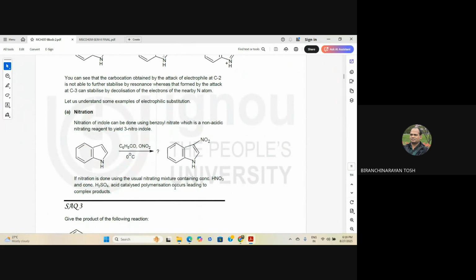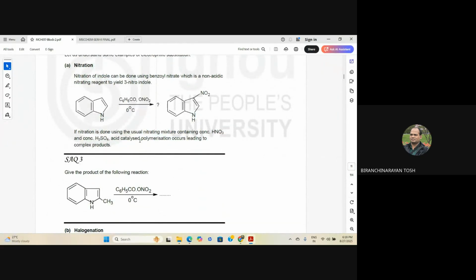Now the individual reactions. Nitration: everything occurs at the C3 position. Nitration of indole can be done using benzoyl nitrate, which is a non-acidic nitrating agent, yielding 3-nitroindole. Benzoyl nitrate, C6H5CONO2, gives 3-nitroindole at 0 degrees Celsius.